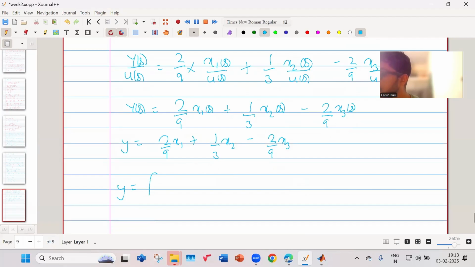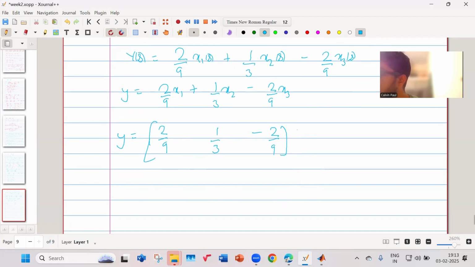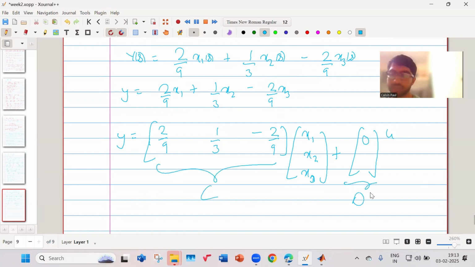Y is 2 by 9, 1 by 3, minus 2 by 9 into x1, x2, x3, plus 0 into u. Okay, so this is the C matrix and this is the D matrix. All right.